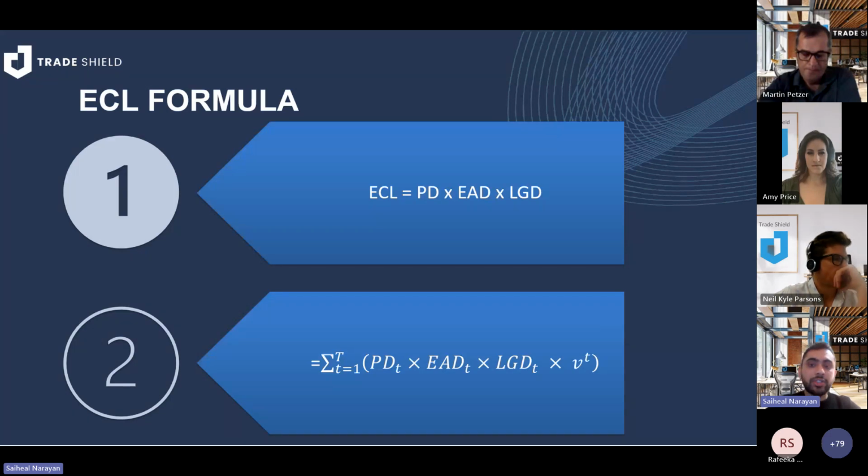And then LGD is your loss given default. Given that a debtor has defaulted, how much of that money can I actually pull back? It's a higher amount for some products and a lower amount for others. If you think of different kinds of loan products, you have your home loans, your vehicle loans, and your trade receivables.